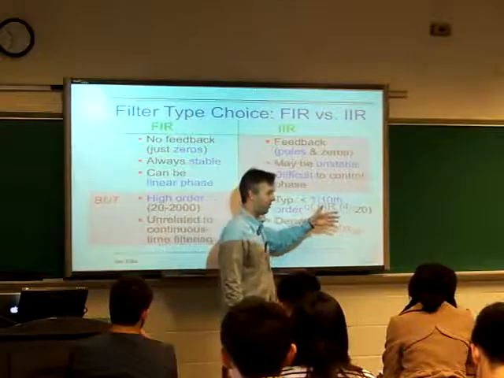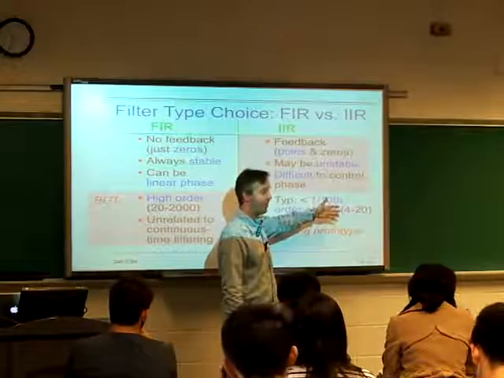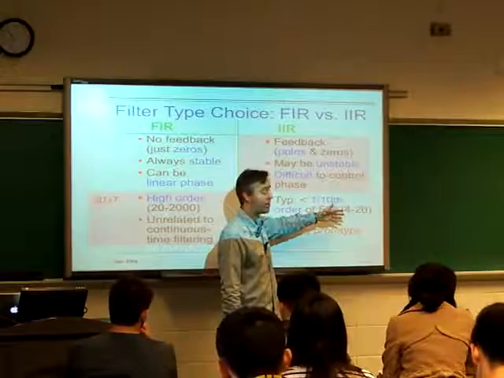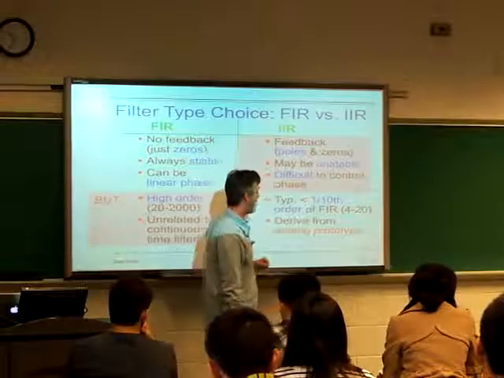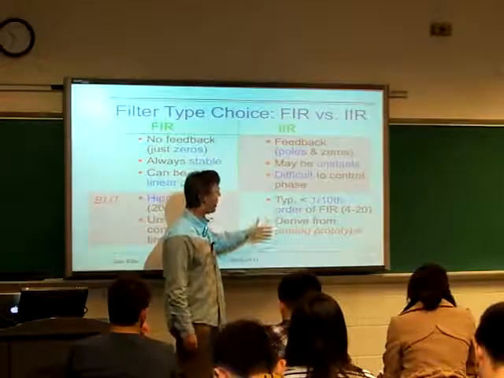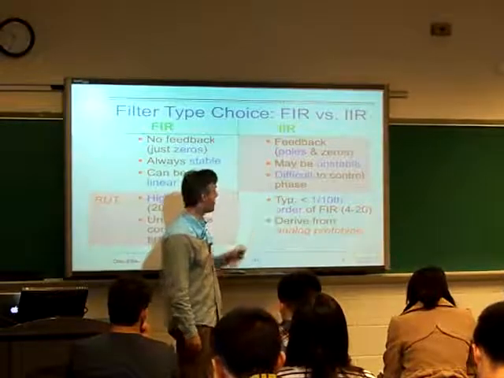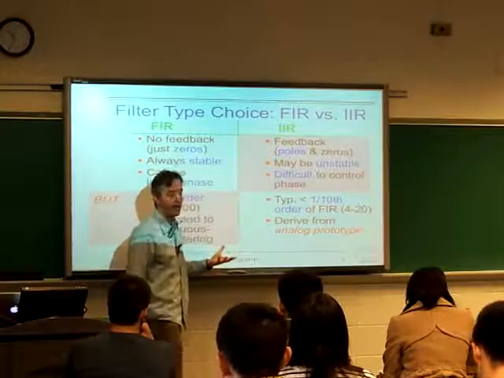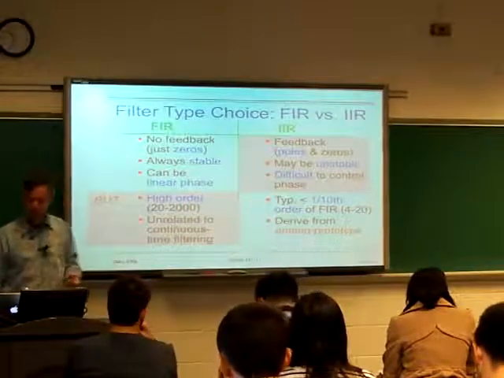So on the one hand, you have stability problems, but on the other hand, you typically don't even need to go into that regime, because you can get really high performance filters with really good stop band attenuation with relatively low orders. And how do we get them? We actually use the techniques and the mathematics that have been developed for analog filters. That's how we design our discrete time IIR filters, which is what we're going to learn about now.